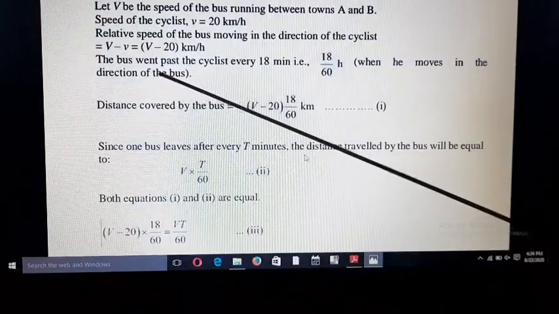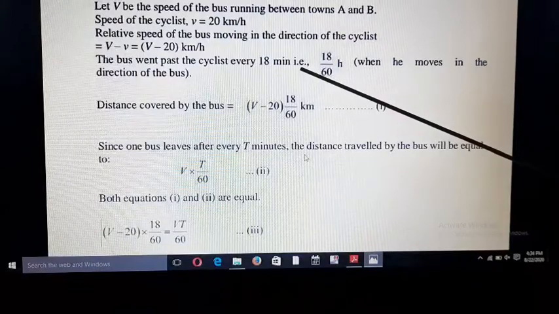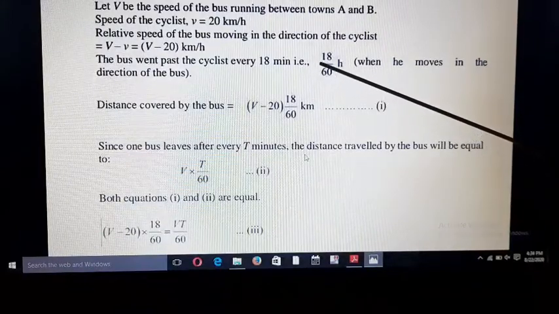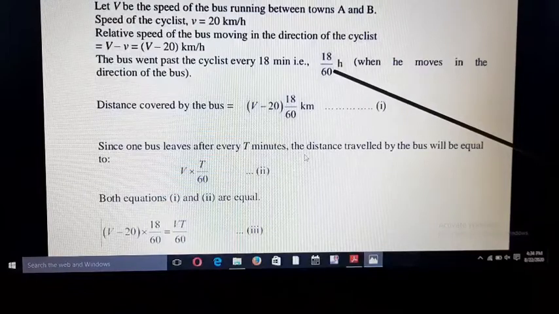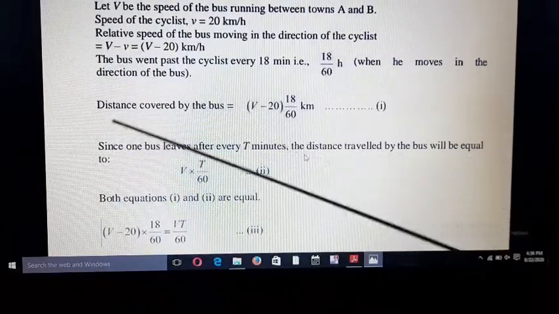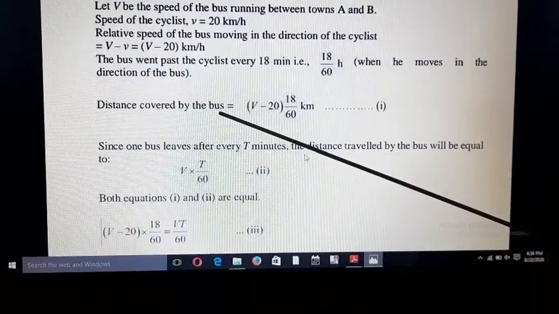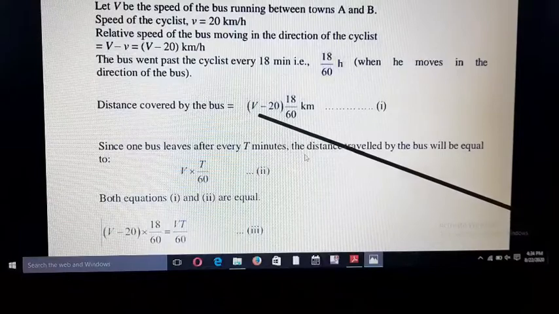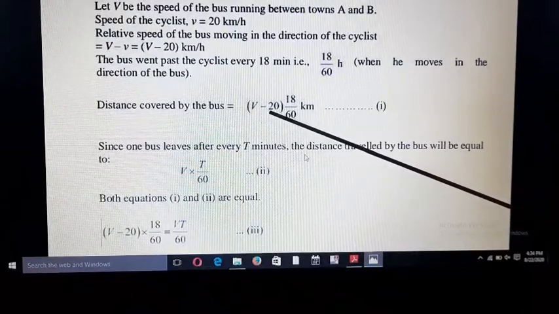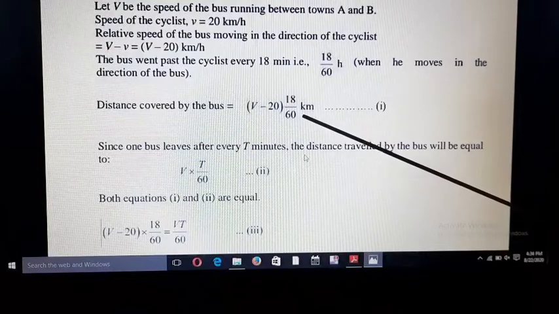The bus went past the cyclist every 18 minutes. That means now we want to convert into hours, so 18 upon 60 hour. So distance covered by the bus means velocity into time. Velocity is equal to V minus 20 and time is 18 upon 60.